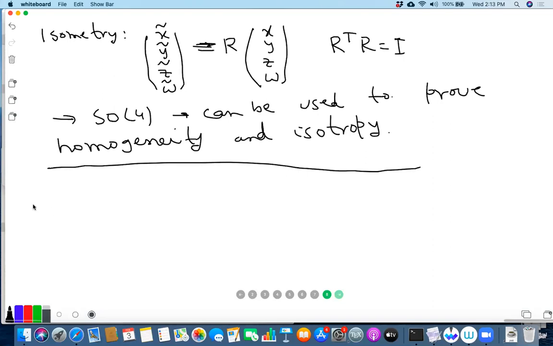Sir, to prove this isotropy, you are saying that the two points should be equidistant from this fixed point, right? So why should these two geodesic distances be equal? Oh, because if the geodesic distances are not equal, then you cannot find such a transformation. Let's consider a 2-sphere. Imagine that your x0 is the north pole, and x1 and x2 are two arbitrary points.